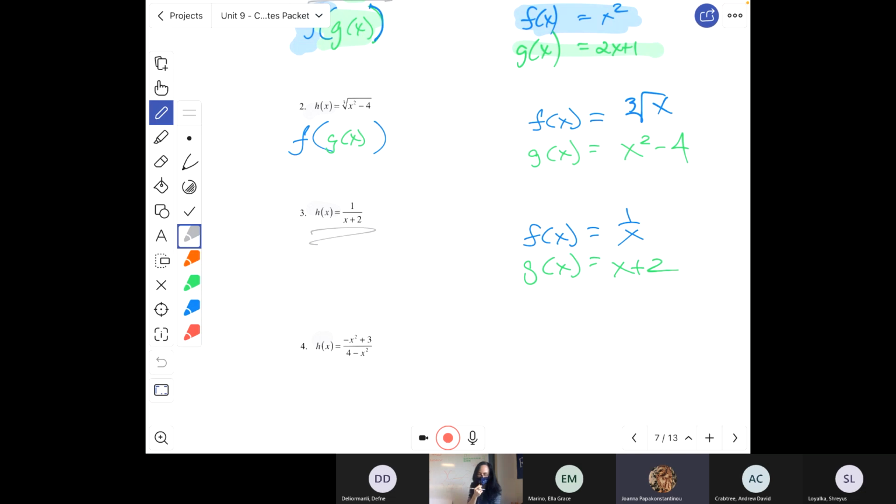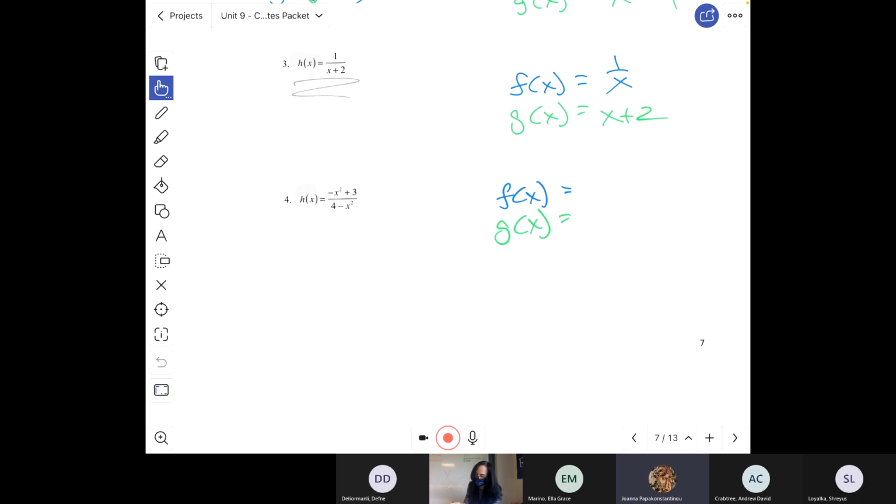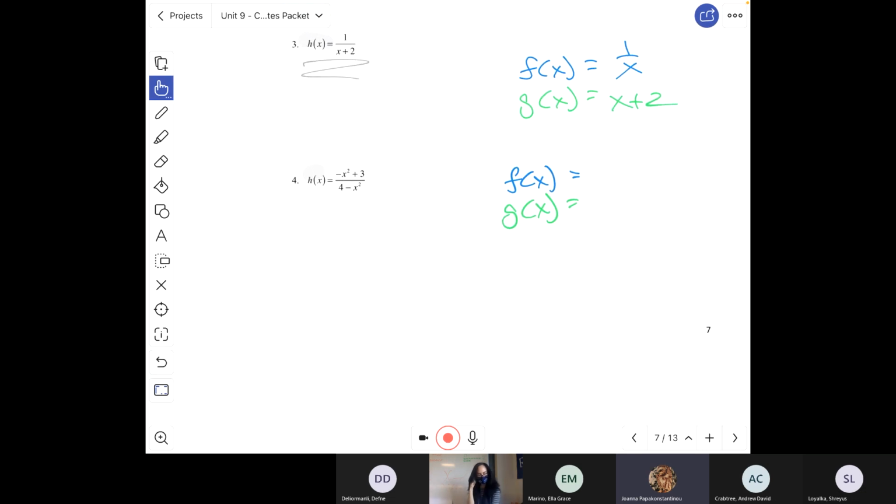All right, here we go. Now this one, there are some different options. You may have to do a little bit of work to see if it really works with what you suggest. You have to play a little bit with this.